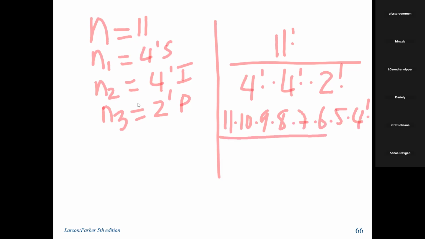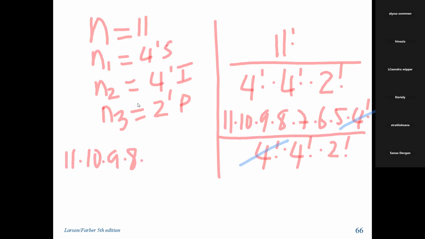So you're going to cancel one of the 4 factorials against the top. So you have 11 times 10 times 9 times 8 times 7 times 6 times 5 over 4 factorial times 2 factorial.